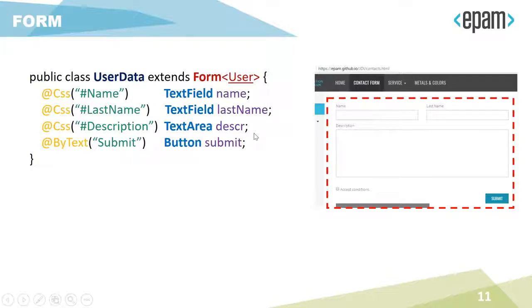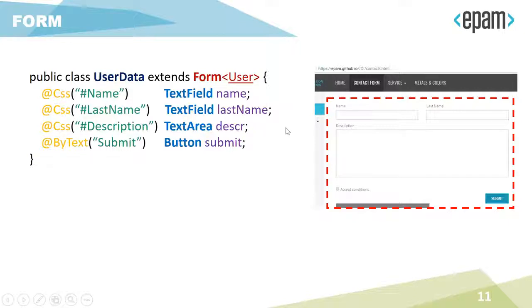Okay, let's go forward to a little bit more complex section, or like we call it, composite element. Also, you can extend your page object from form. For example, in our example, we have the contact form with some elements and a submit button.